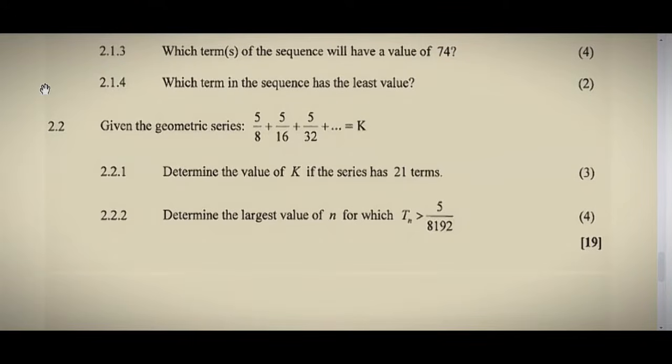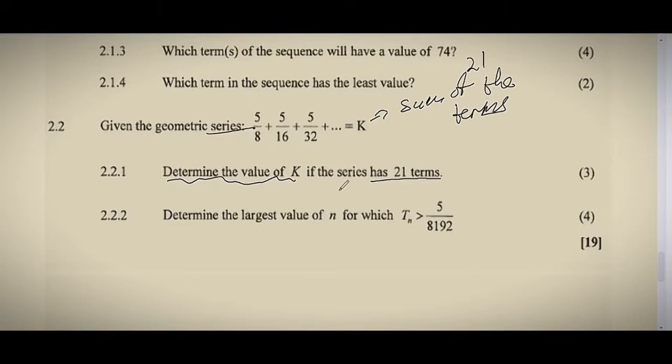So we know that this is a series, and if you add all these terms all the way up until whatever value, you'd get k, which represents the sum of the terms. Hence, in 2.2.1, we are asked to determine the value of k if the series has 21 terms. So that means the value of k is the sum of 21 terms, right? So we can say k is the sum of 21 terms.